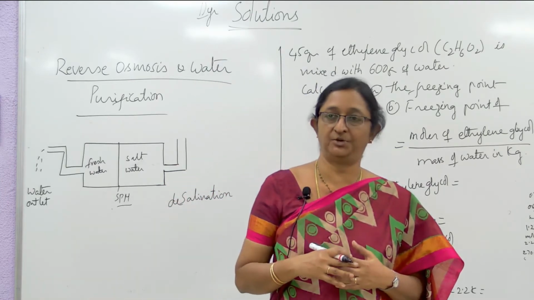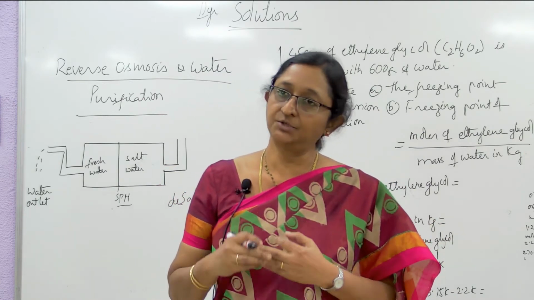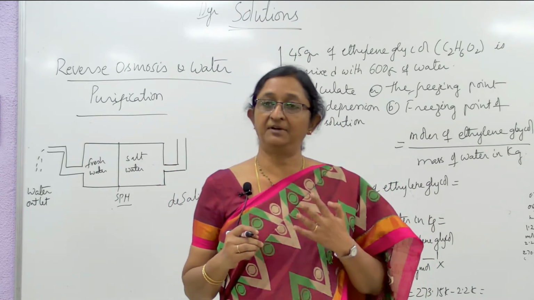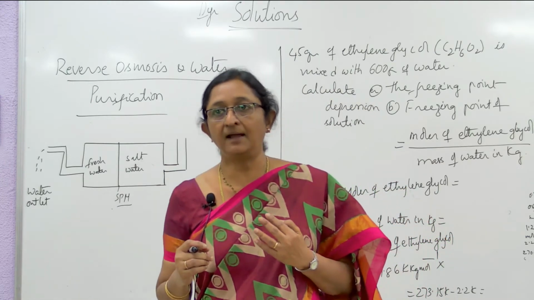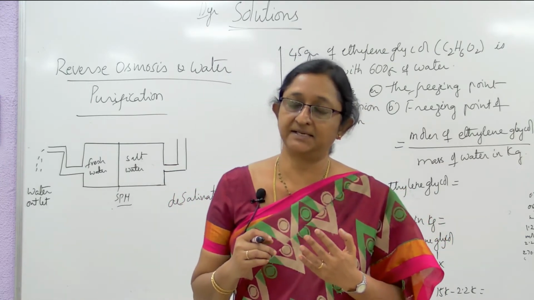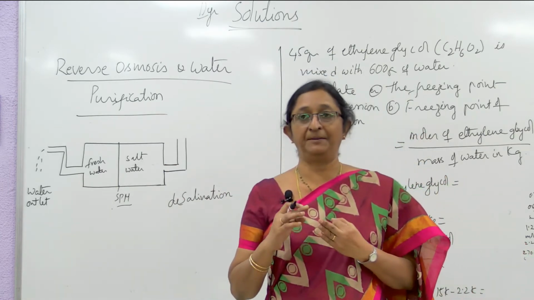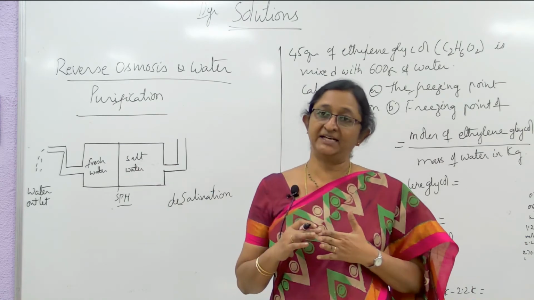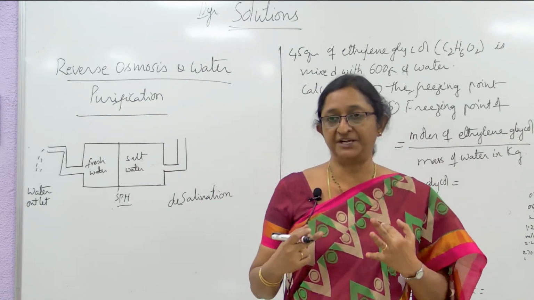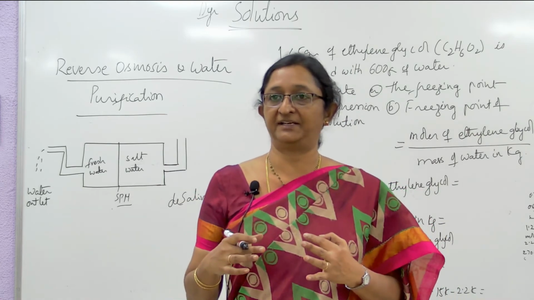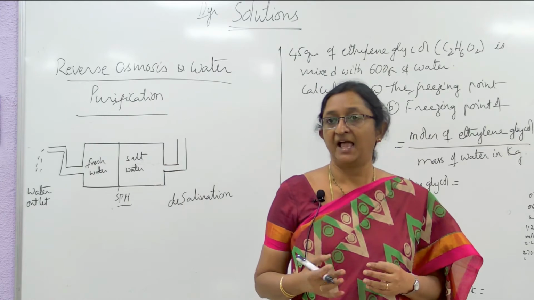We have learned the types of solutions: gaseous solutions, liquid solutions, and solid solutions. Then we have learned the terms used in expressing concentration: mass percent, volume percent, ppm, molarity, mole fraction, and molality. All these definitions we have to learn perfectly. Then it will be easy for you to do the problems.